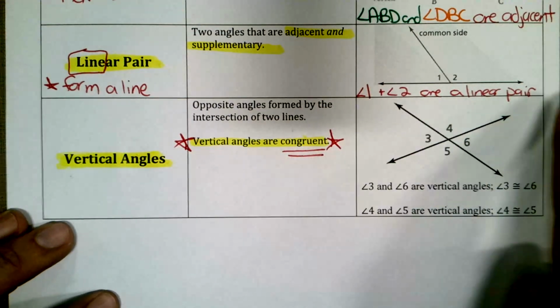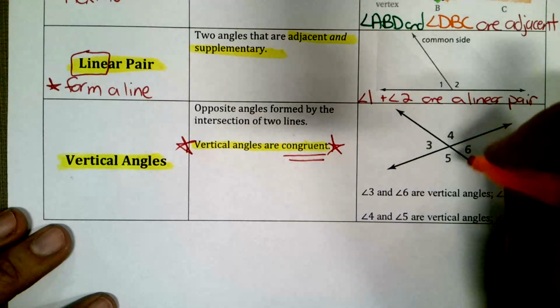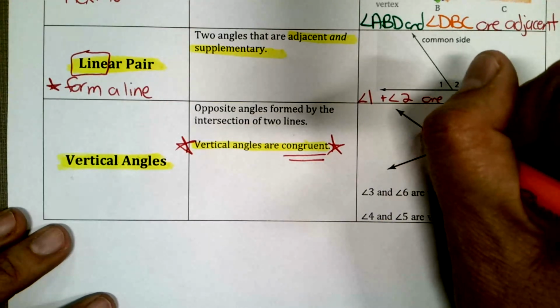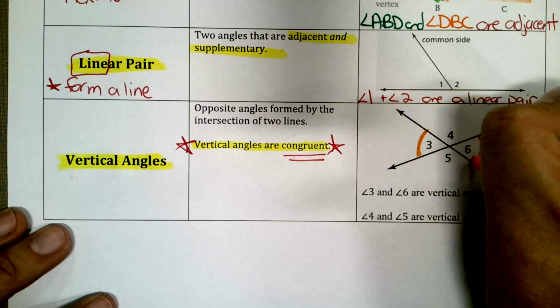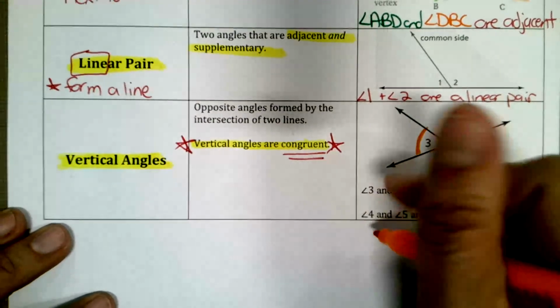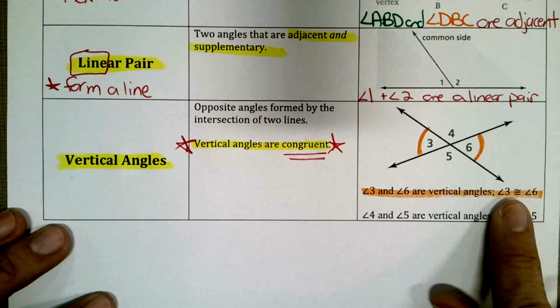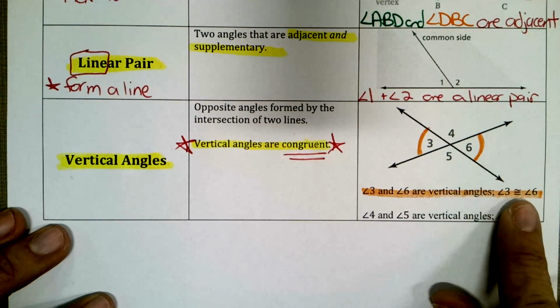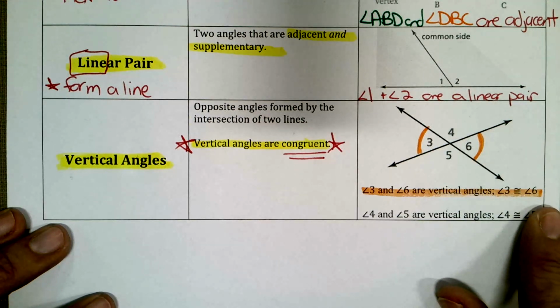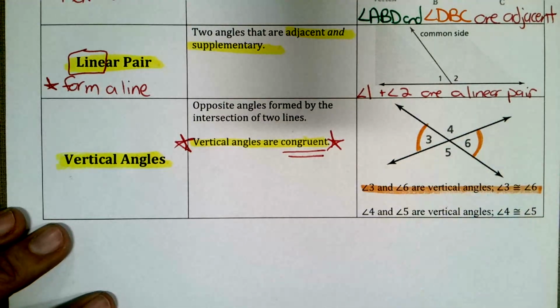So we have our two lines crossing, okay? This angle and this angle would be opposite angles. And so angle 3 and angle 6 are vertical angles, and then therefore angle 3 has to be congruent to angle 6. So if this was 40 degrees, this would be 40 degrees.